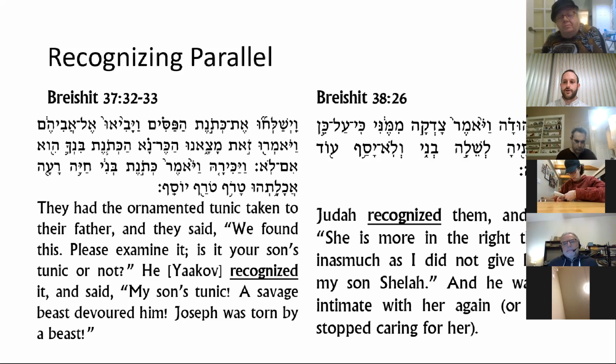Then she gets desperate and asks Yehuda to let her marry Shelah, but instead, Yehuda propositions her, and she agrees. Not that Yehuda knew that Tamar was Tamar when this happened, but she pretends to be a harlot, and he pays for her services, and then she gets pregnant, and now it's time to burn her at the stake.